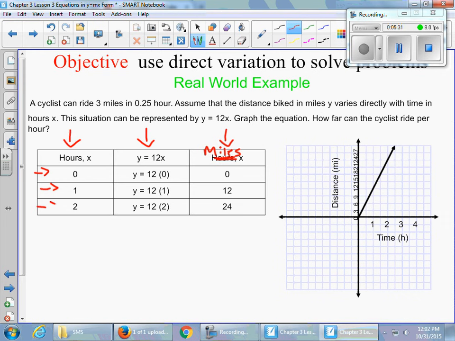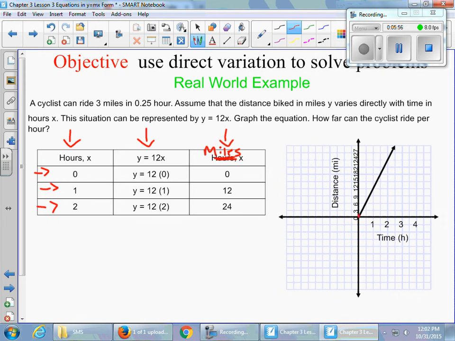And the last one, cyclist rode 2 hours. Multiply it times 12, gets us our 24 miles. So let's look at our graph over here on your chart. We're going to plot the points. We have 0 and 0. That's pretty easy.